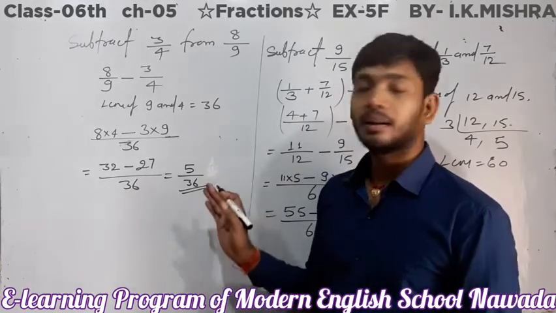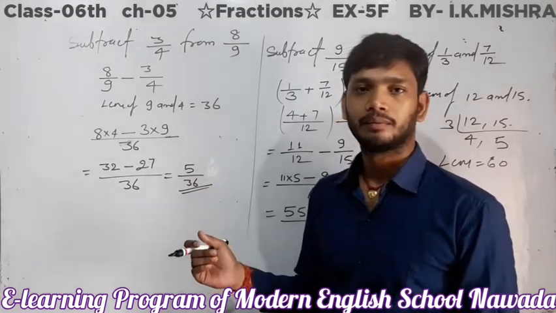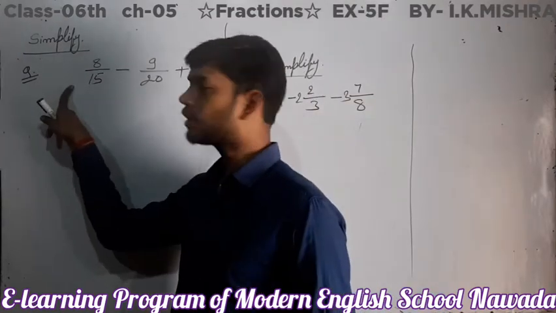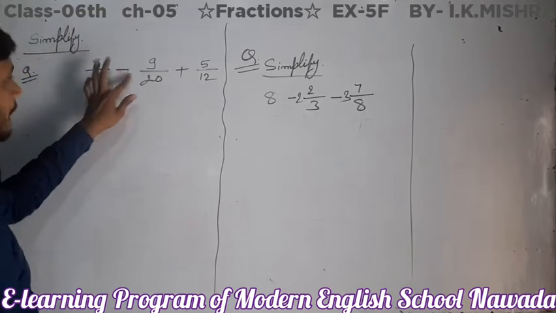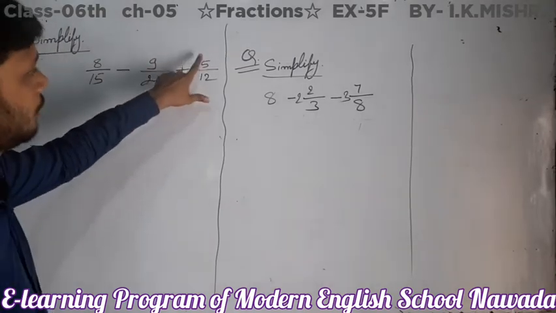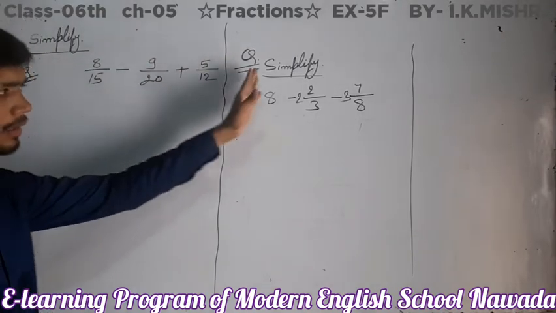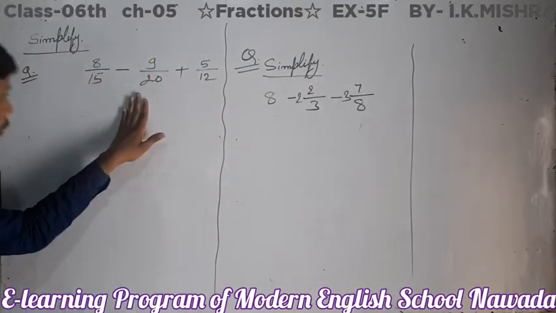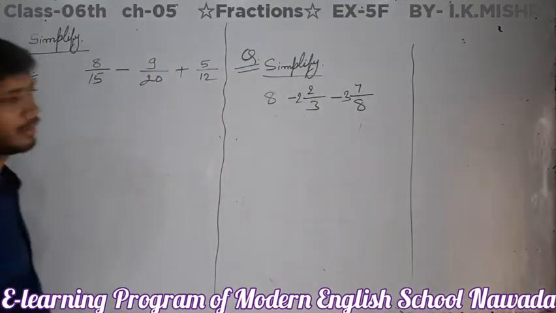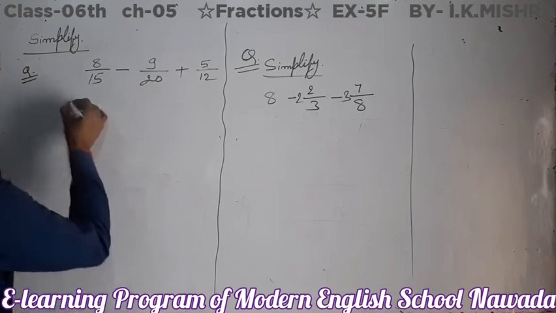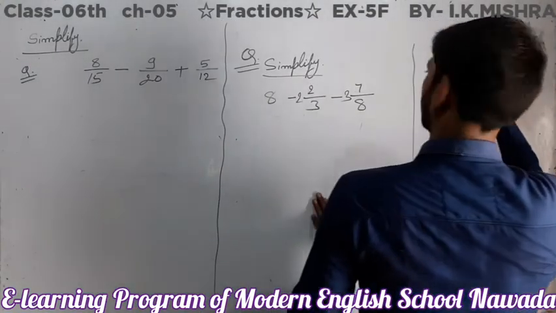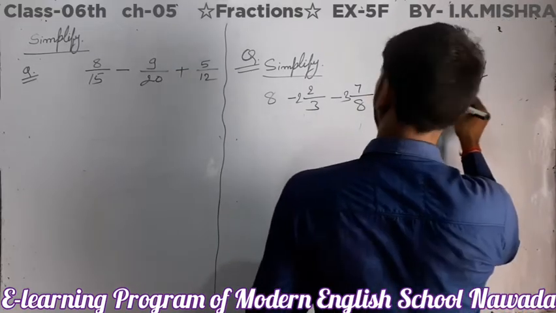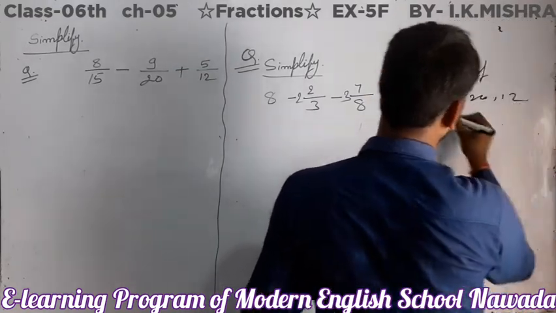Now I write the next question: 8 by 15 minus 9 by 20 plus 5 by 12. First of all, solve this question. First you have to find the LCM of 15, 20 and 12.